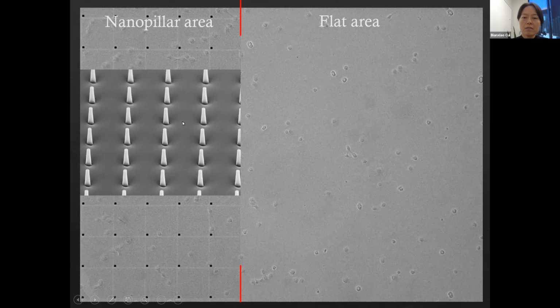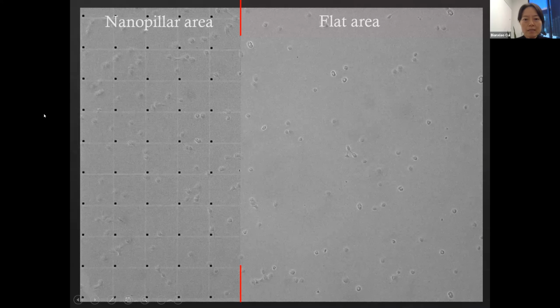The flat area is also silicon dioxide; on the right area there's no mask, so the whole area is uniformly etched down, leaving just a flat silicon dioxide surface. Each of the squares here is probably 100 by 100 nanopillars. So we have both the nanopillar area and the flat area on the same substrate.